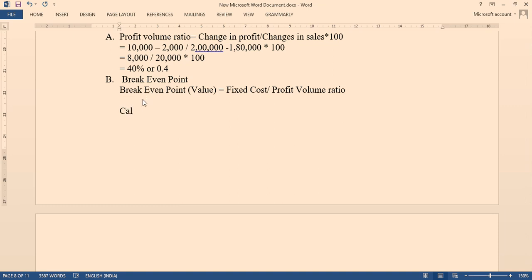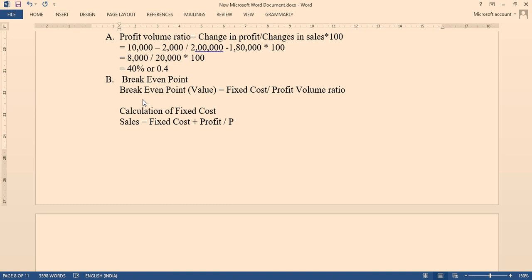Now again we have to take a calculation of fixed cost. Sales equals fixed cost plus profit, all divided by PV ratio.